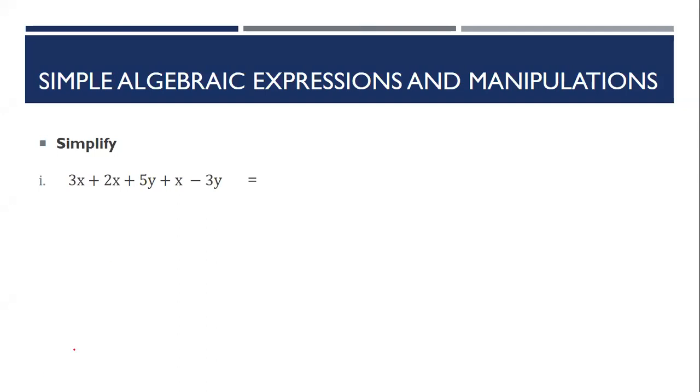So here we are doing first, we will do simplifying. Under algebraic expressions, first we are going to talk about simplification. So look at this example one I am going to do.